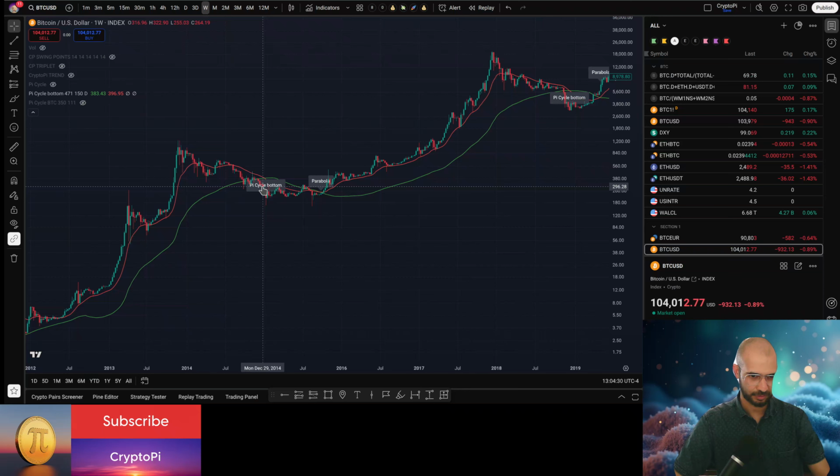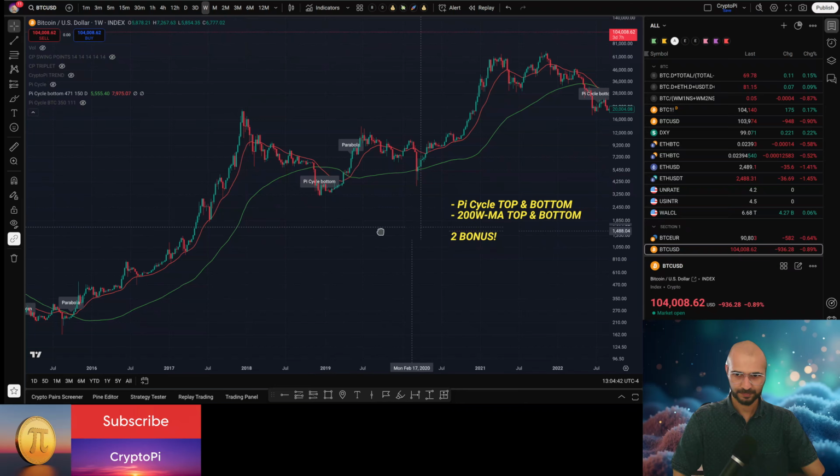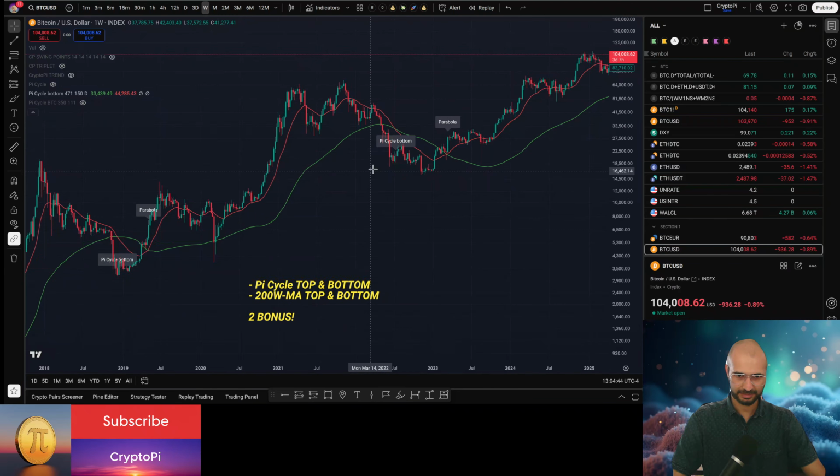However, when it crosses under, it does not exactly identify the bottom, but I would consider it as the accumulation phase of Bitcoin. As you can see here, in the last cycle, the Pi cycle bottom was indicated here. However, it went further down up until 15,000. So it was indicated at 20,000, and it went further down to 15,000.